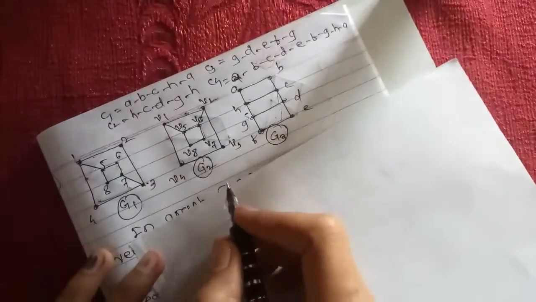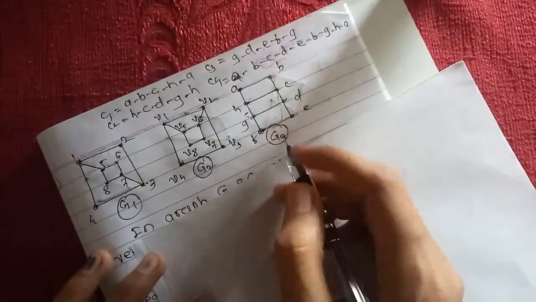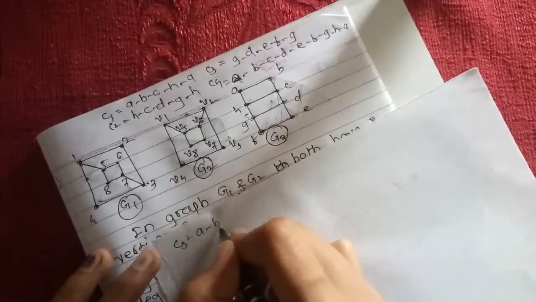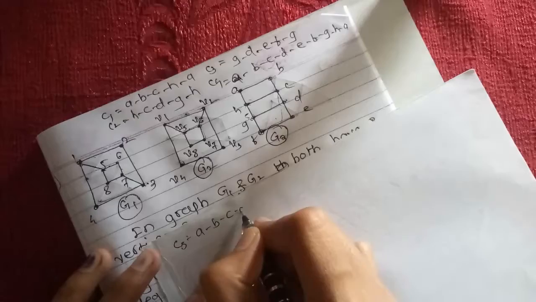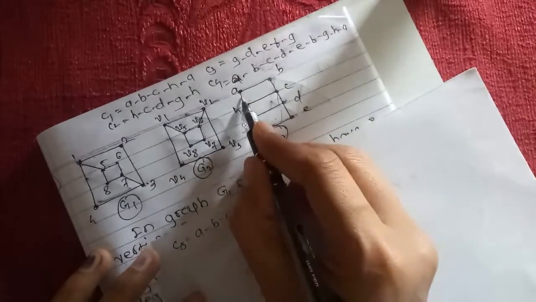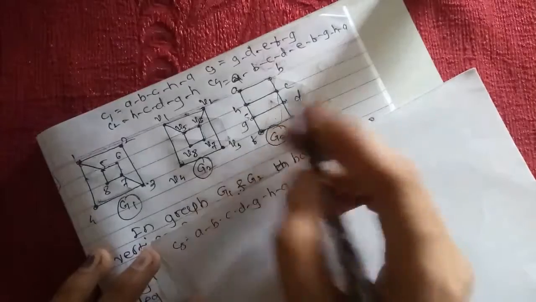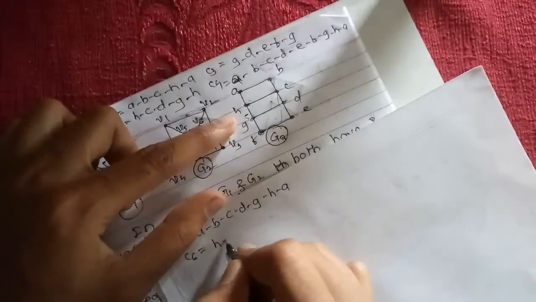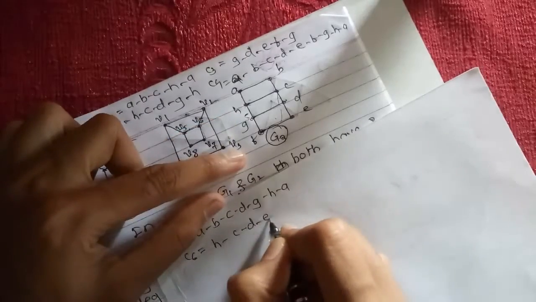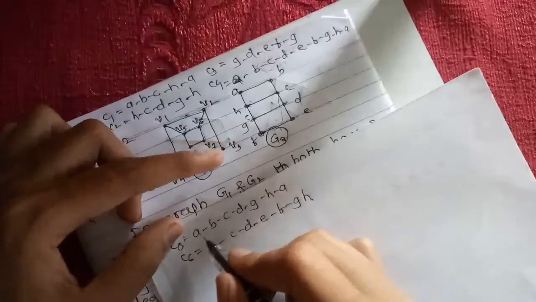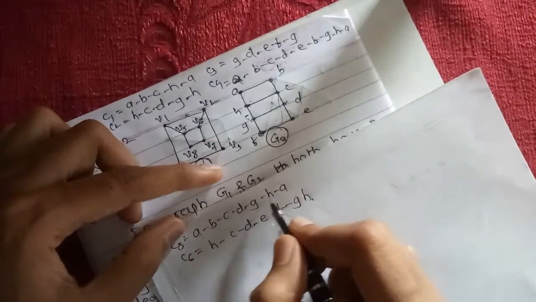Now in G3 the next cycle, C5, is A, B, C, D, G, H, A. Next is C6, which is H, C, D, E, F, G and H, right? And it has length 1, 2, 3, 4, 5, 6.